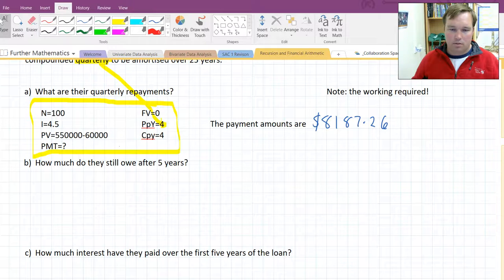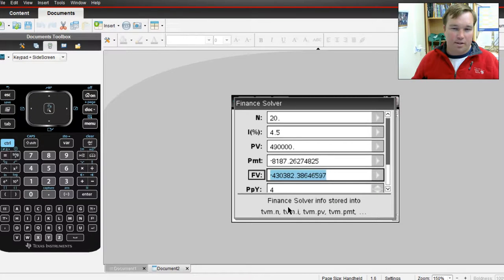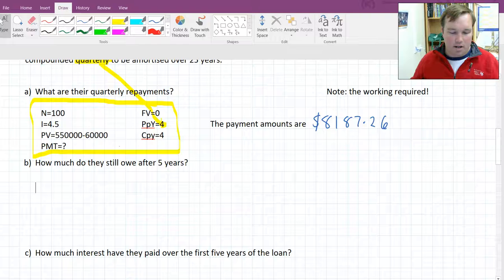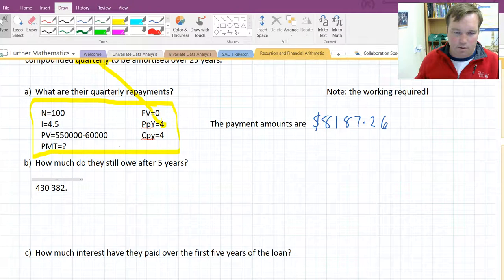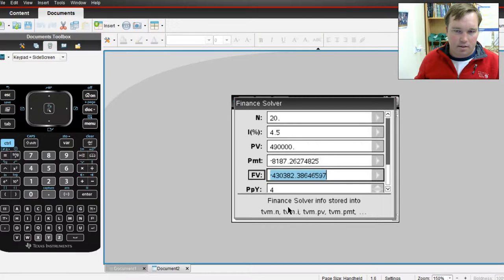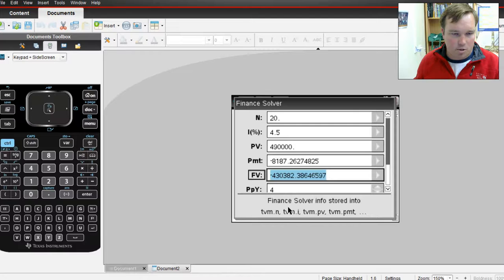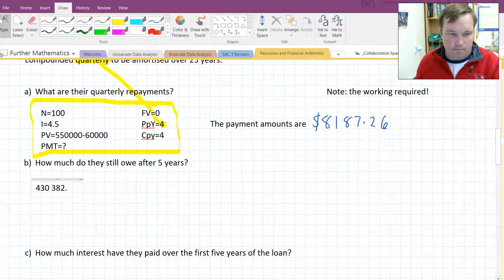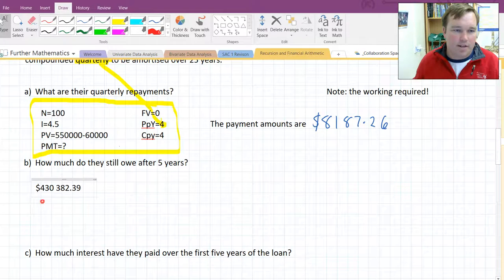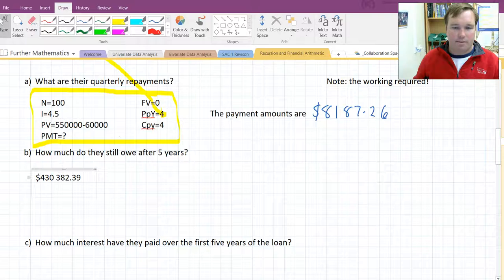It's $430,382.39. Dollars. Remember the dollar sign? Once again, you'd have to have working there.